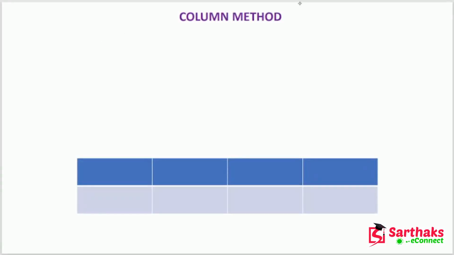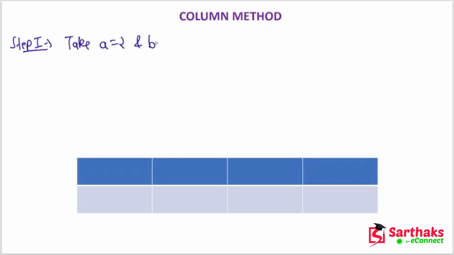So the column method, and the first step says, take a equals 2 and b equals 5, right? So ab would be 25.